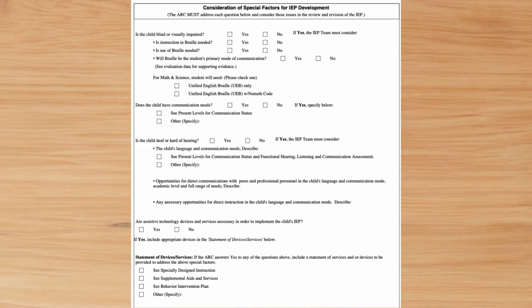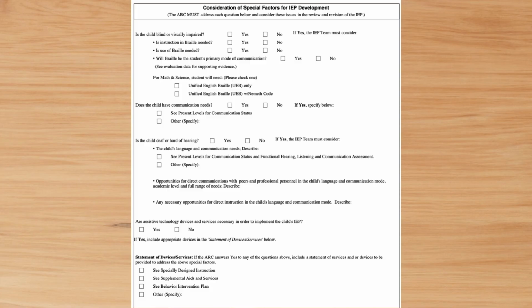Is the child deaf or hard of hearing? Are assistive technology devices and services necessary in order to implement the child's IEP? So these would be things like low-tech devices or even AAC communication devices, or things like standers or wheelchairs, things like that in this section.